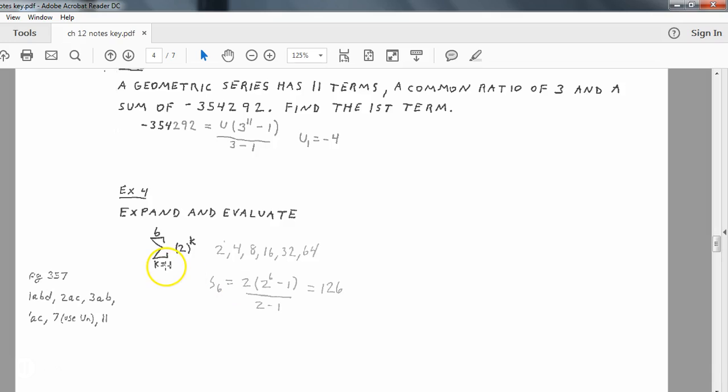I then plugged in a 2 for k, so 2 to the 2nd power, to get the second term, because I needed to do the second term divided by the first term in order to get my common ratio. That way I could use the formula. So that's another option. You always have options on these. So I'm going to show you all those options, and you can kind of go with whatever you feel is the best method for you.